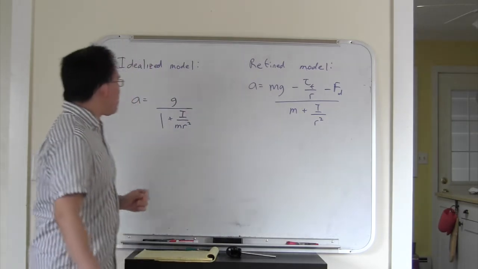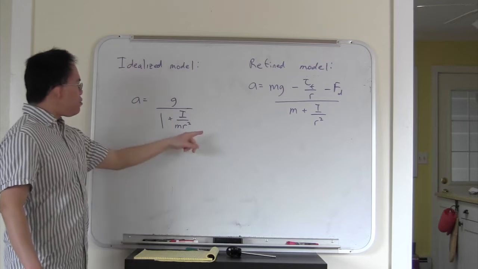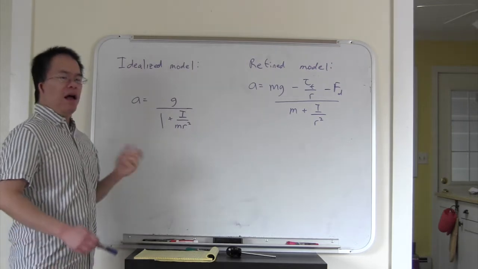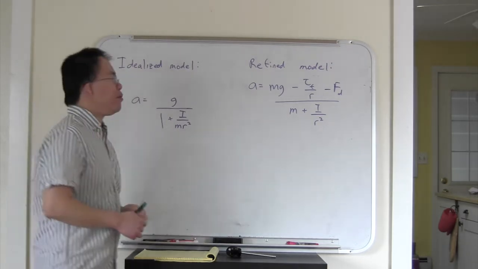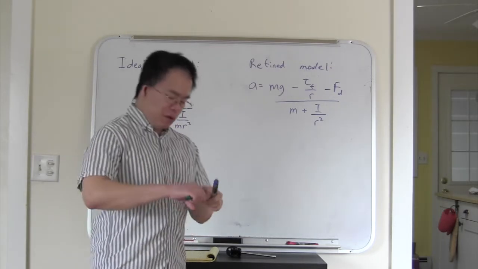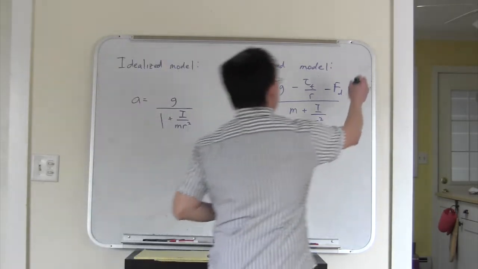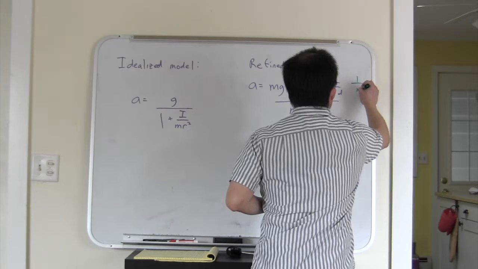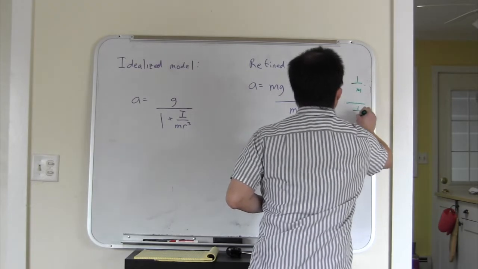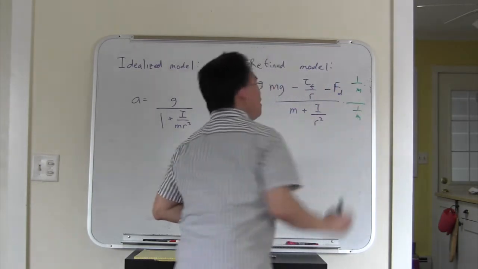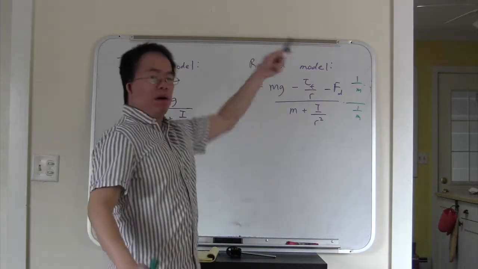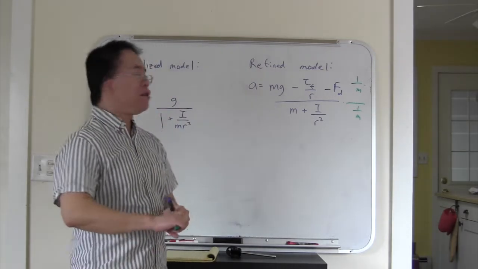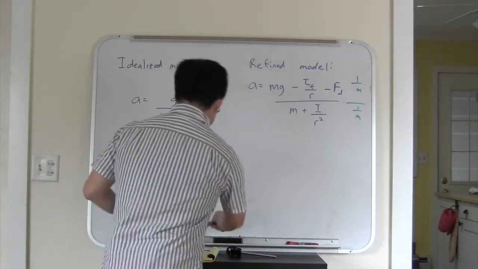This is the form that the manual asks you to derive. However, I think it's a little more suggestive to write it this way, as I did for the idealized model. In order to do that, I'm going to multiply by 1 in a clever way, namely 1 over m in both numerator and denominator.